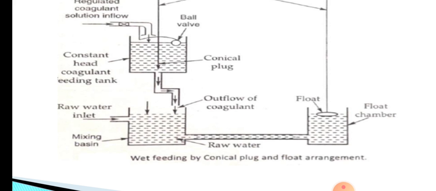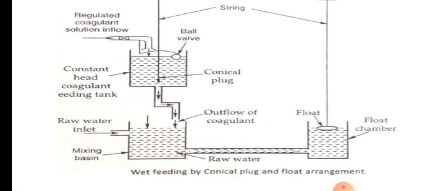You have the mixing basin at the bottom. From the tank above, wherein we add the coagulant solution of required strength, the solution will trickle down to the mixing basin. And here the level of the solution in the tank and the rate of flow is adjusted by a float valve. You see a float valve there.